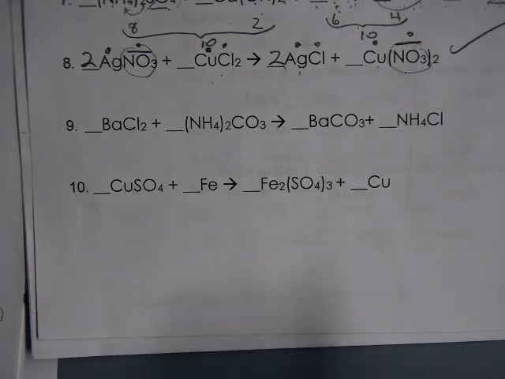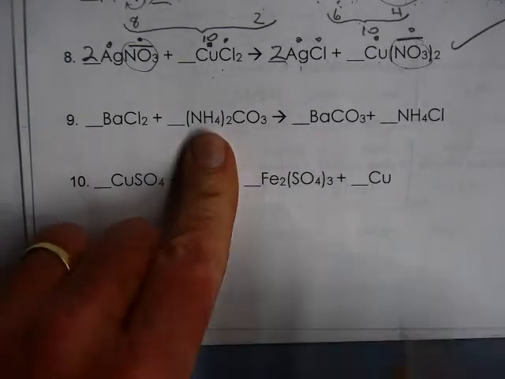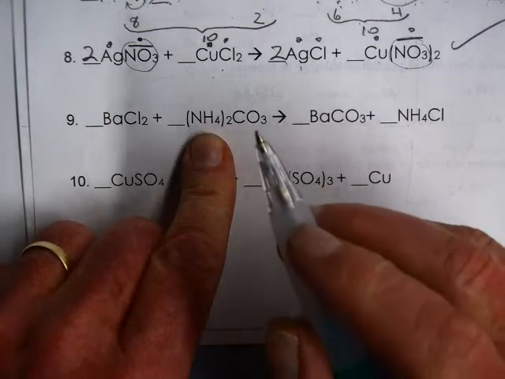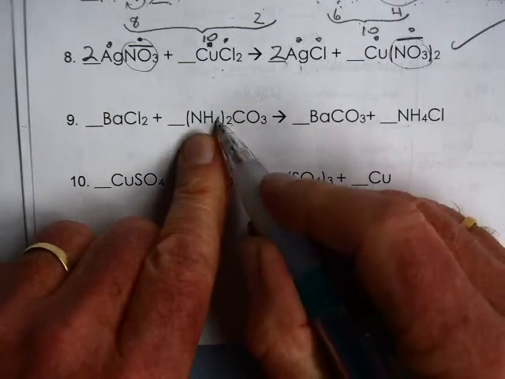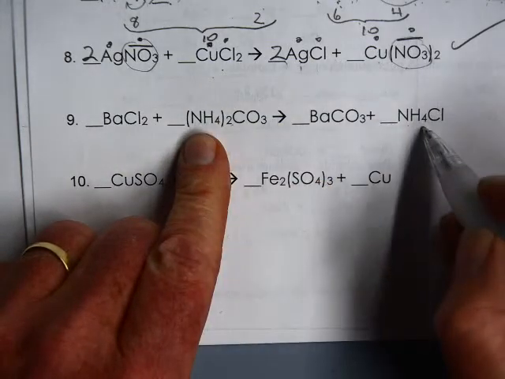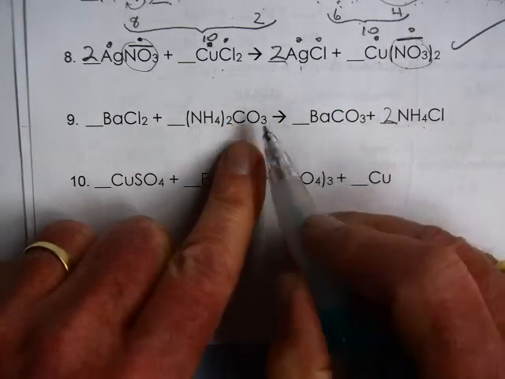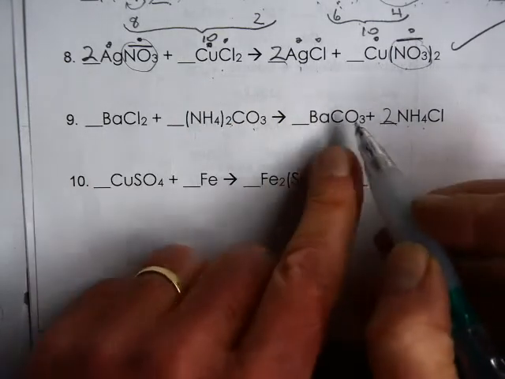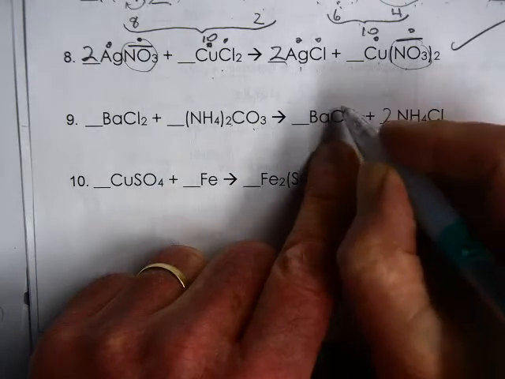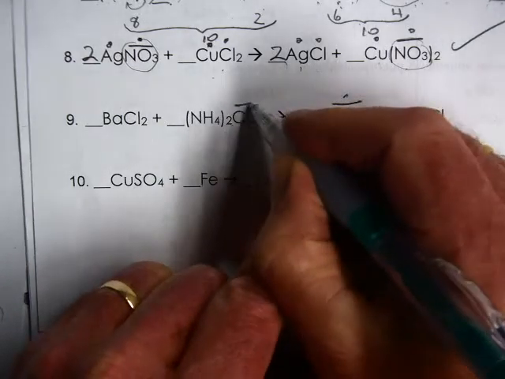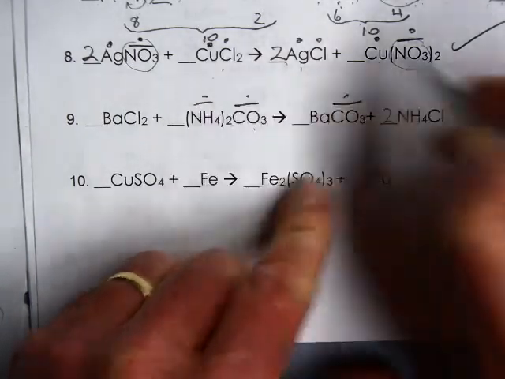So why don't we start with them? Seems reasonable. One ammonium here, two ammoniums here. One carbonate here, one carbonate here. Those are balanced, and those are balanced.